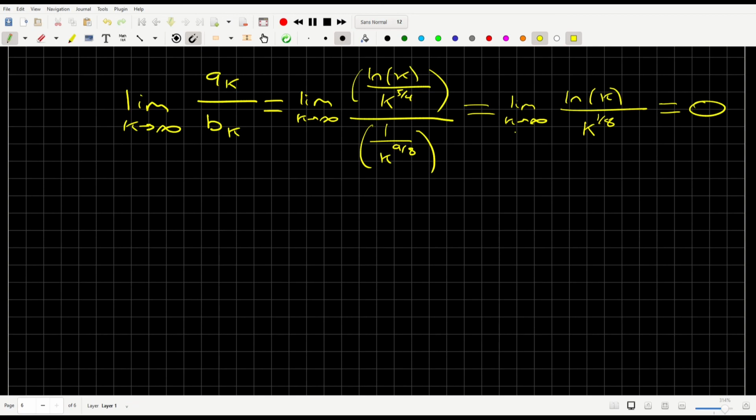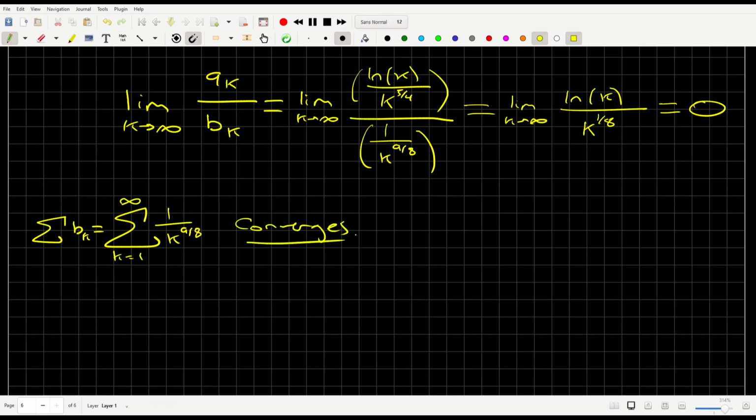So the comparison limit, or the ratio limit, is equal to 0, and we have that the sum from k equals 1 to infinity of 1 over k to the 9/8, which you'll remember is our sum of b_k's, converges because it's a p-series with p equal to 9/8, which is greater than 1.